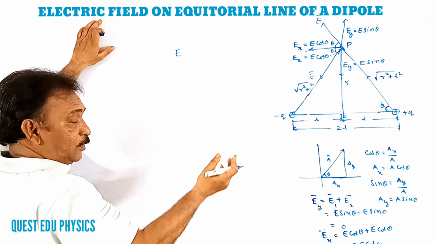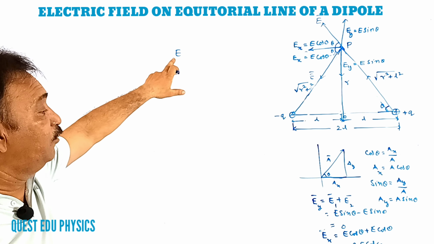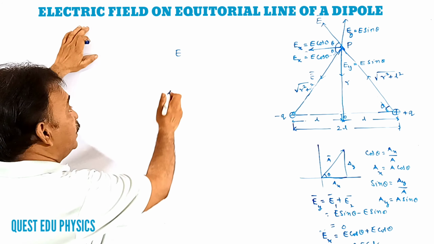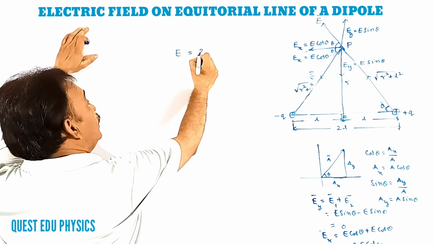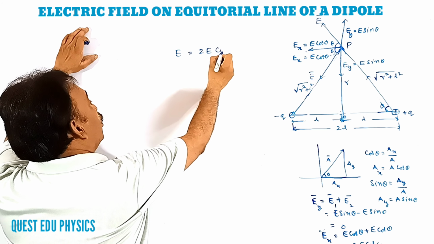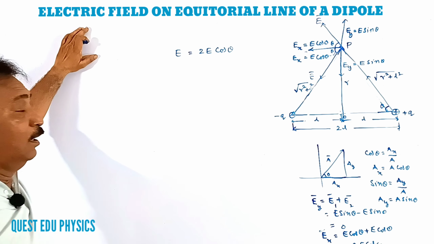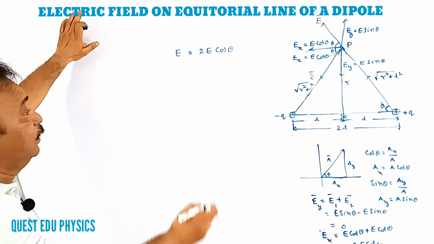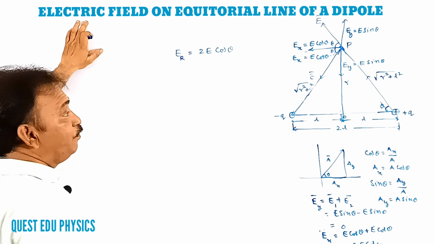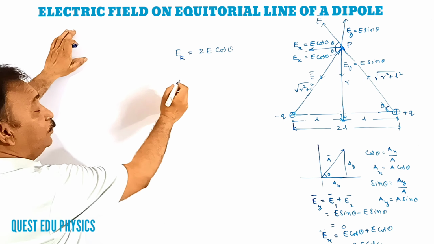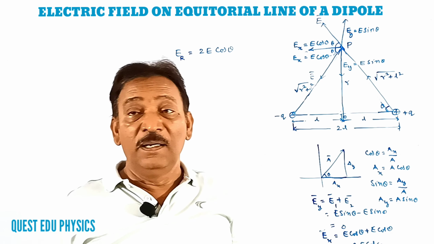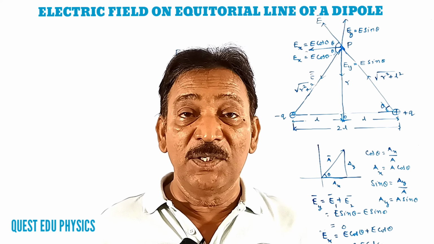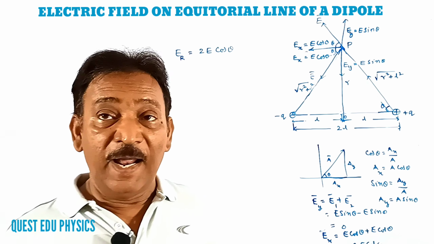The intensity of the electric field on equatorial line can be said as E, that is equal to 2E cos theta. Okay, students, we need to find the value of the E and as well as the cos theta. That means it is a resultant, students. E, you know that electric field intensity is nothing but amount of force acting on unit positive charge which is kept in an electric field.